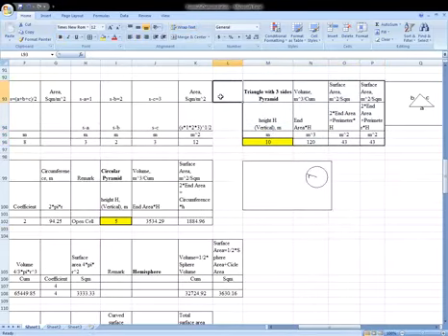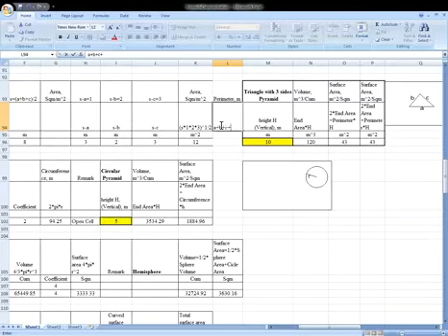Perimeter in meters is very easy, and the formula is A plus B plus C, the sum of the three dimensions. That's in meters. Doesn't matter.